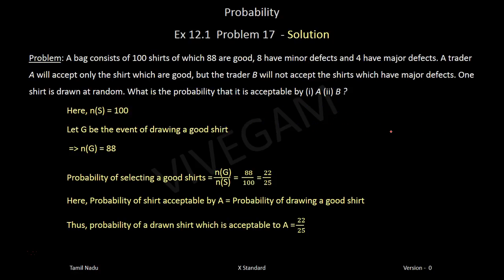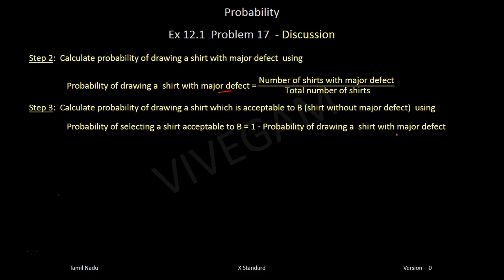The probability of selecting a shirt with major defect is calculated here, and we want the probability of selecting a shirt acceptable to B, which is nothing but the probability of selecting a shirt without major defect. So without major defect means 1 minus the probability of drawing a shirt with major defect. So that is how this problem is to be done.